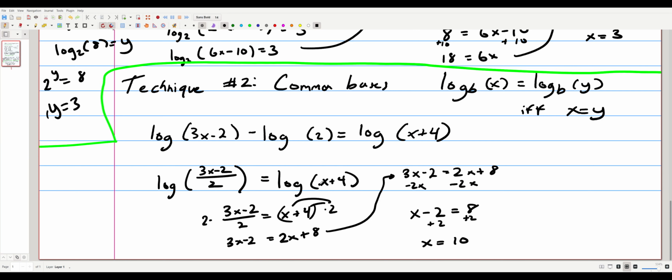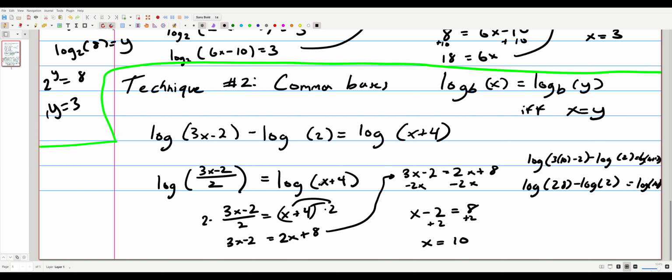And now let's check to see if it works. Log base 10 of 3 times 10 minus 2, minus log base 10 of 2, is equal to log base 10 of 10 plus 4. Well, 10 plus 4 gives us log base 10 of 14. 3 times 10 is 30, minus 2 is 28, so we have log of 28 minus log of 2.